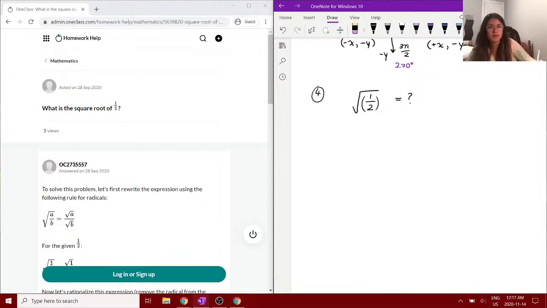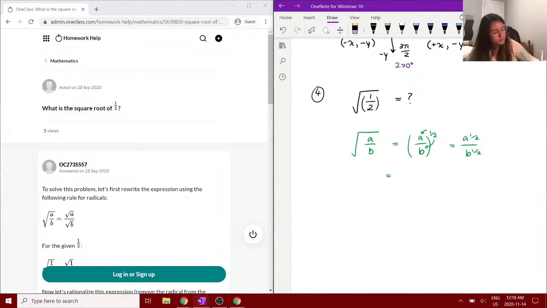There is a rule for radicals. I'm just writing it in green so you can see that it's the rule. If we have a fraction of a over b with a square root, you can imagine it, instead of a square root, as an exponent, if this is easier to think of, because then you can think of distributing the exponent to each term within the bracket, so that it's a to 1/2 over b to 1/2.